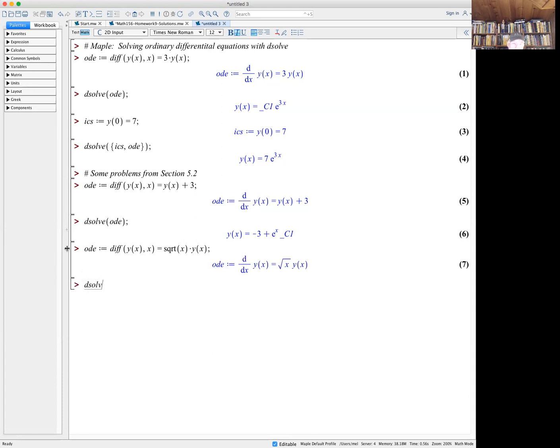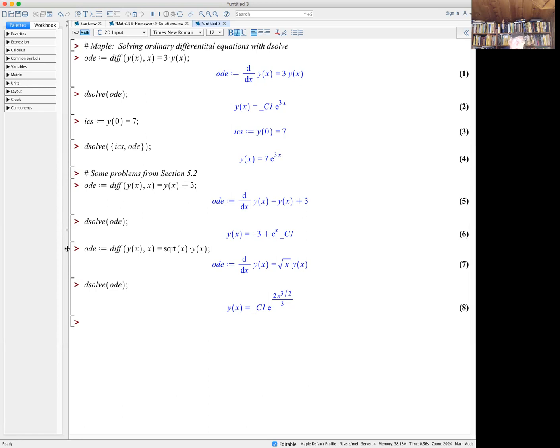And how do we solve that differential equation? It's some constant C1 times e to the 2/3 x to the 3/2 power. Yeah, that's what it is.